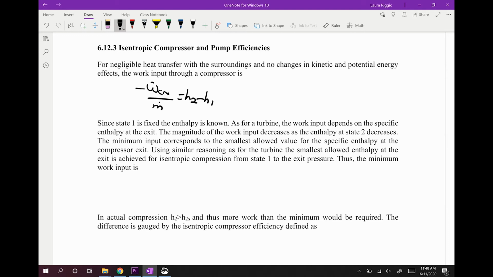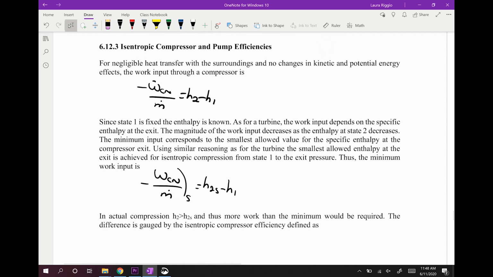So using similar reasoning to what we used for turbines, we can figure out the state for our exit. So our minimum work input is H2S minus H1. So in actual compression processes, H2 is greater than H2S, thus more work is required than the minimum.